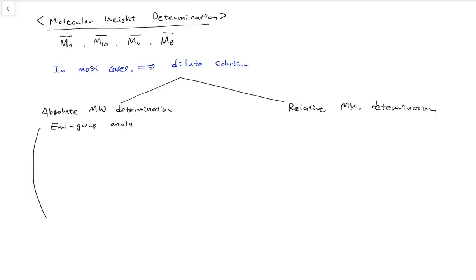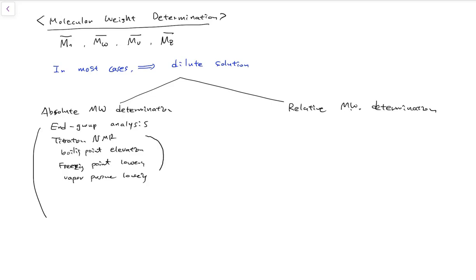Among absolute molecular weight determination methods, there are end group analysis, especially in step growth polymerization, titration, NMR, boiling point elevation, similarly freezing point lowering, or vapor pressure lowering.